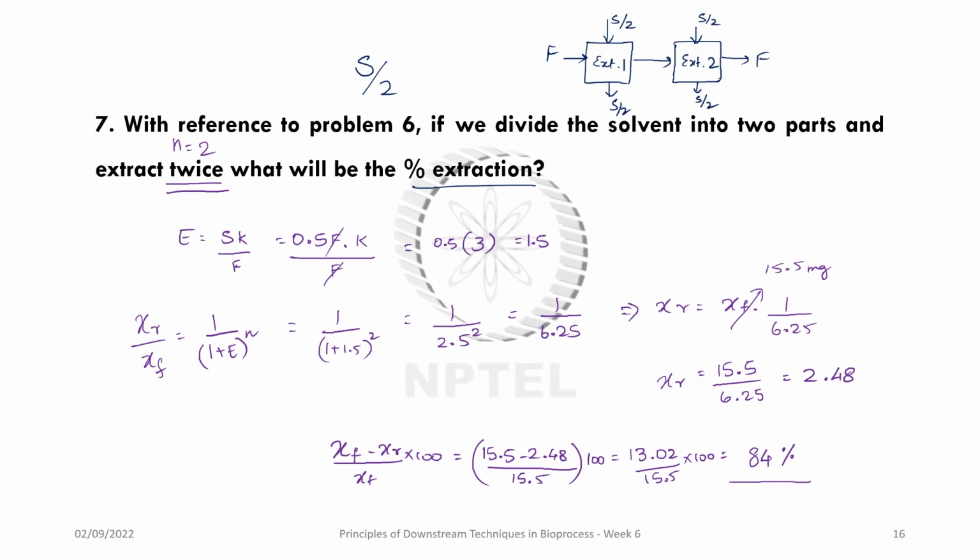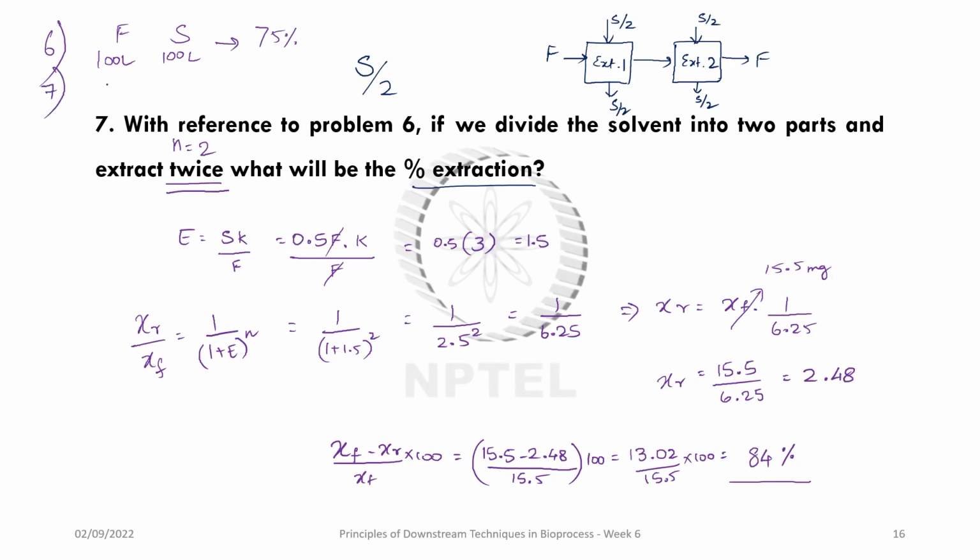So previously, see, the solvent amount is the same. If you have 100 liters of feed, you're going to have 100 liters of solvent. In question 6, we directly used 100 liters of solvent, and what was the efficiency percentage that we got? It was 75% extraction efficiency.